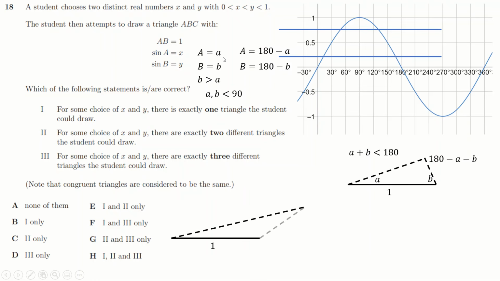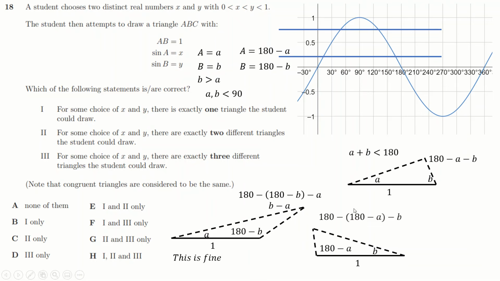But what about, let's say, A and 180 minus B? Well, that would leave this angle to be 180 minus A minus 180 minus B, which is this. And we've said that B is bigger than A, so this is a positive number. So that triangle works. The other way around, though, if you choose this one and this one, the opposite thing happens, where your angle in the corner is going to be A minus B rather than B minus A, and we've chosen B to be bigger than A.